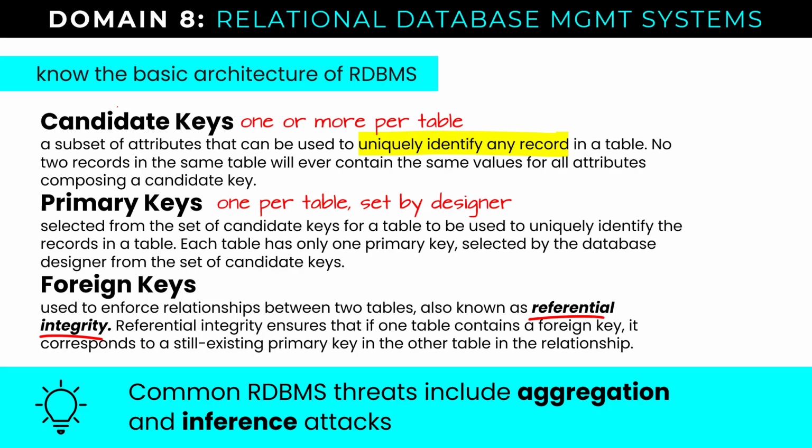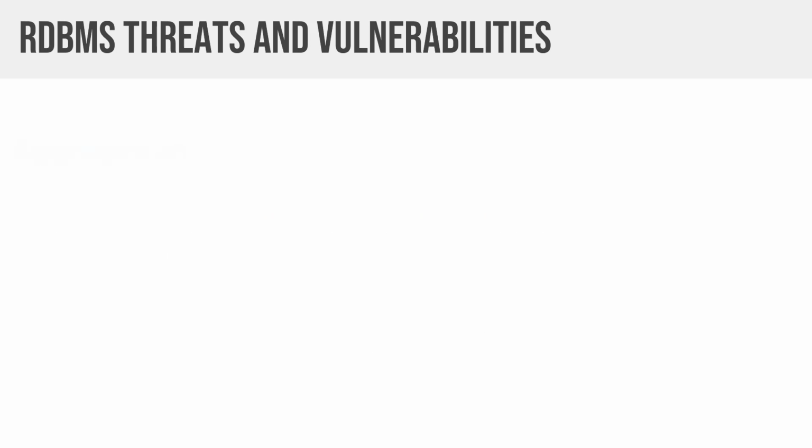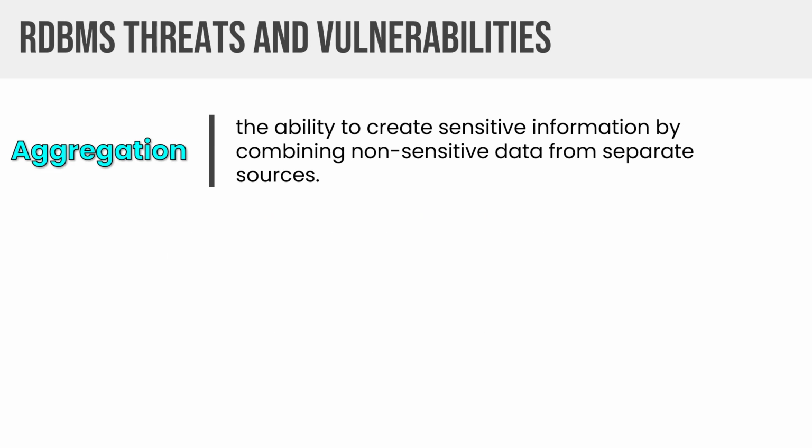So also, we'll want to talk about common relational database management threats. The two called out in the exam essentials are aggregation attacks and inference attacks. So let's have just a moment on these two. Aggregation attacks surround the ability to create sensitive information by combining non-sensitive data from separate sources. So finding seemingly benign data in multiple sources to then compile data that is then very sensitive.